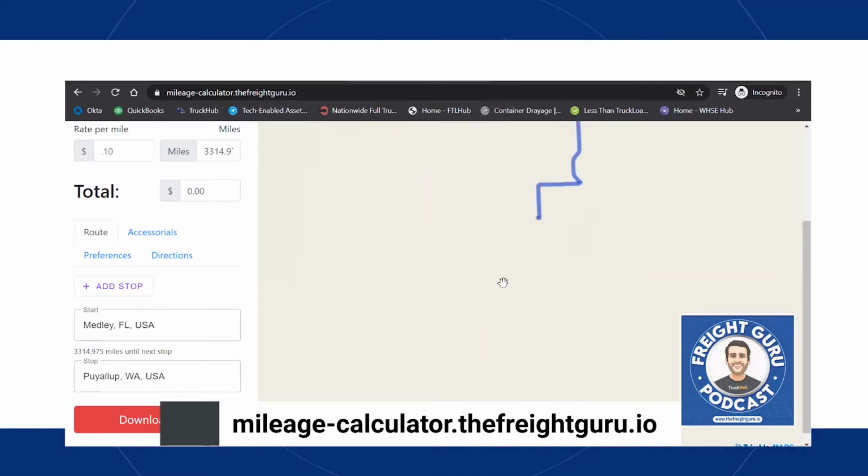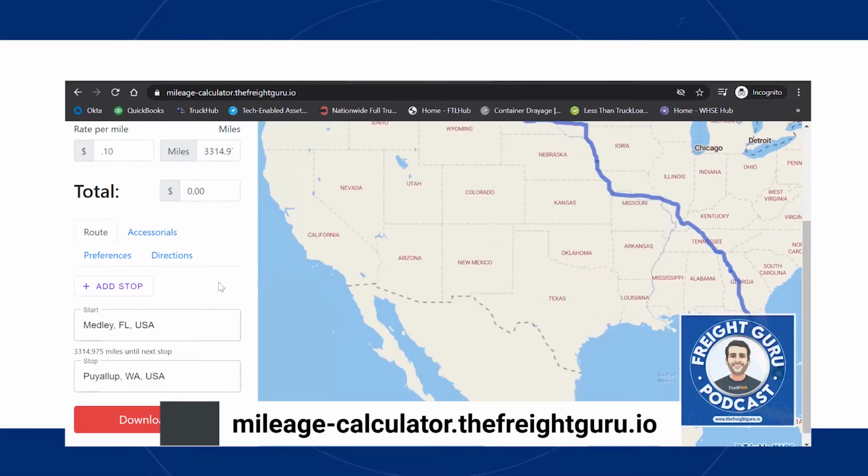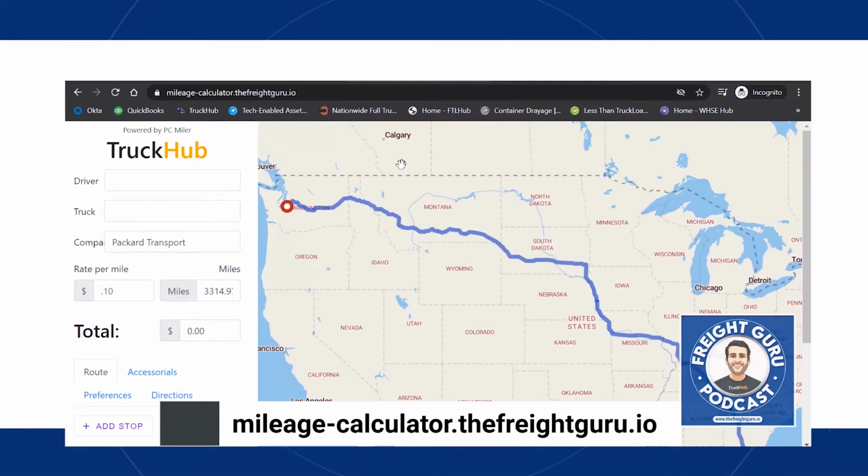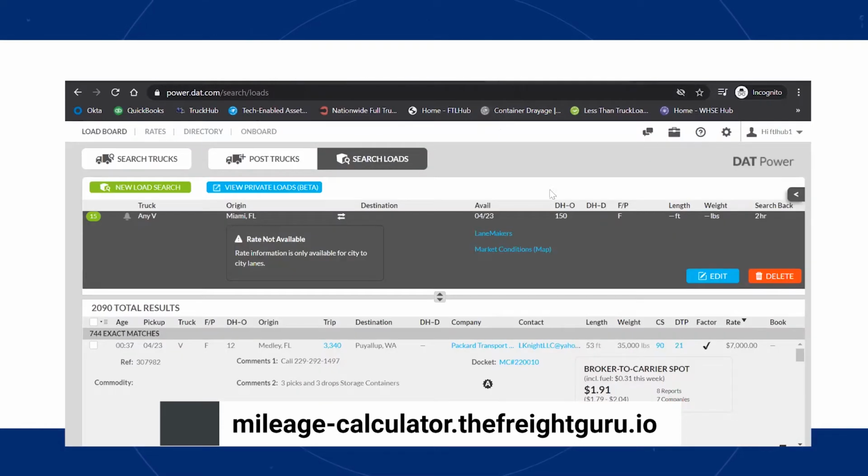And automatically when you do that, the system's calculating the total miles. It's 33,314 miles, basically, right? So what's happening with that mileage there is that you're going to be able to add the $7,000.